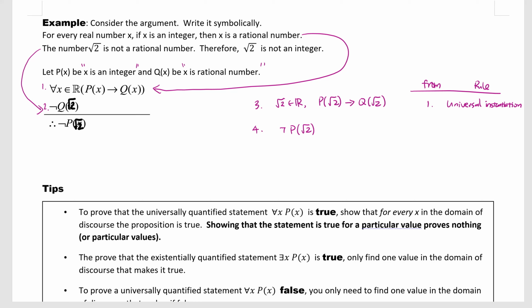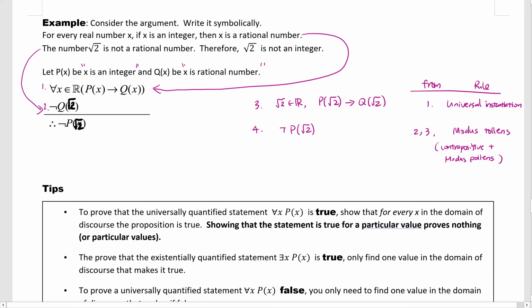This is from lines 2 and 3, and we are using modus tollens. Modus tollens is the same as first considering the contrapositive and then using modus ponens. So it's two steps combined. So far so good, everybody.